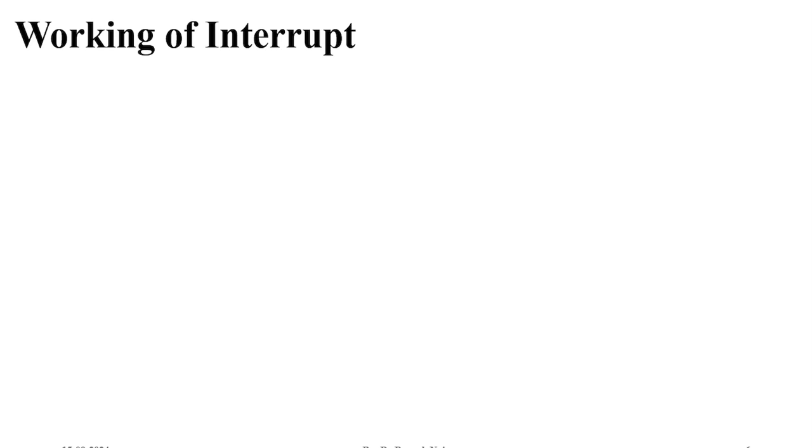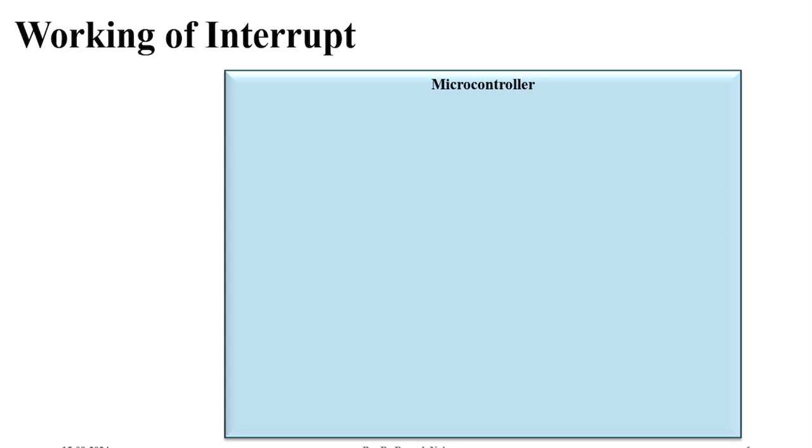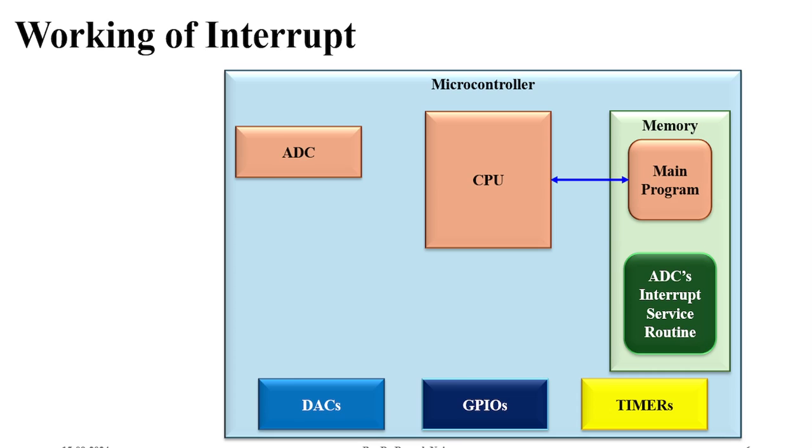So what happens in an interrupt? Suppose the same microcontroller is using the main memory and communicating with it through a small program, or main program. There may be a data transfer between the CPU and the main program or memory.